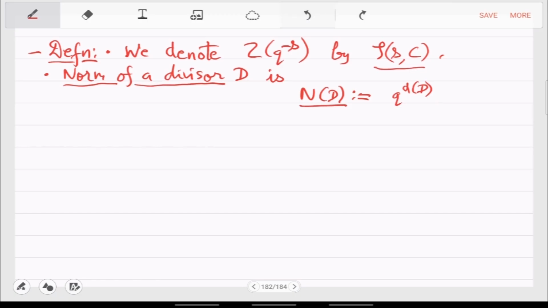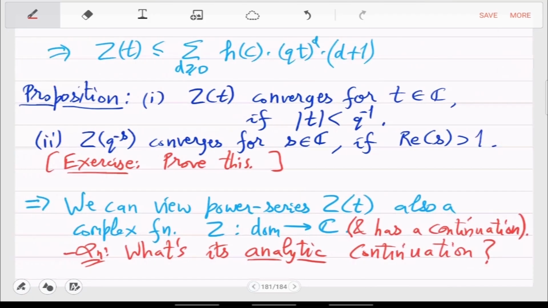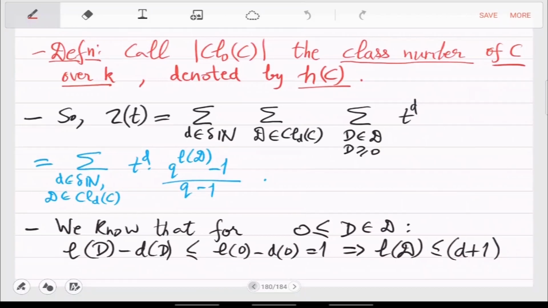It's a formal parameter, right? Sorry, q is our old q, the size of the finite field. Yes, so why are we using that q? There is a very good reason for it. Maybe you should also already guess that.